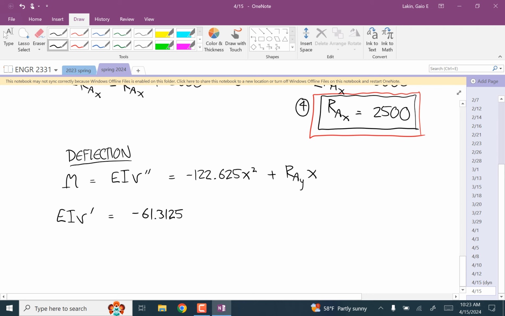Oh, nope, I did that wrong. Negative 40.875 x cubed plus RAY over 2 times x squared plus the first constant of integration.